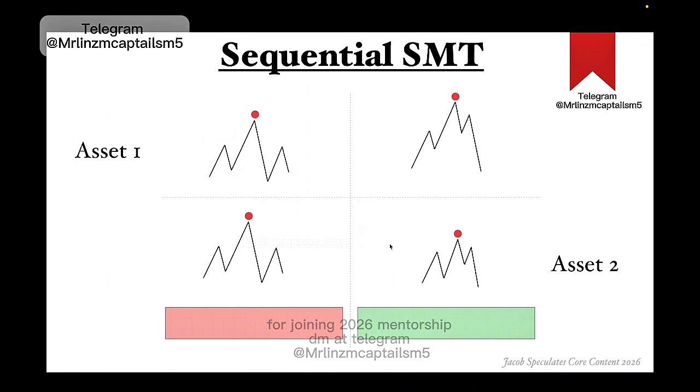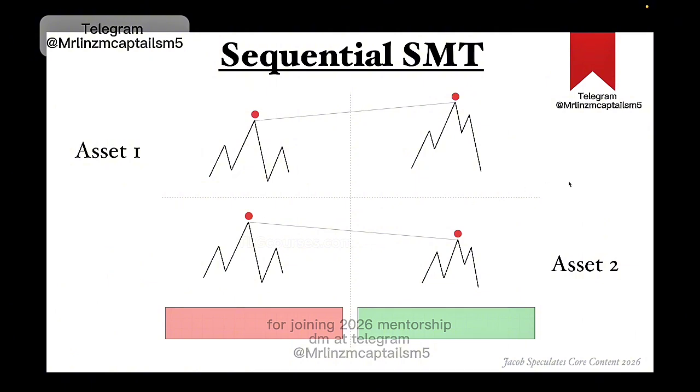If we compare both quarters, with asset 1, the following quarter took out the previous quarter's high, and on asset 2, the following quarter did not take out this high. This is called a failure swing, due to the fact that it failed to take out this high.